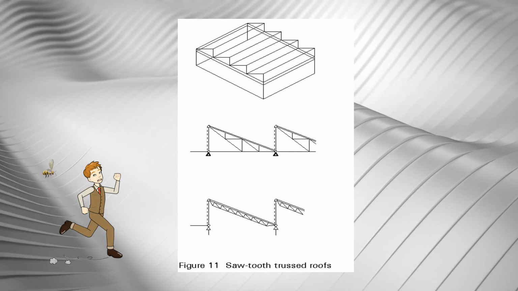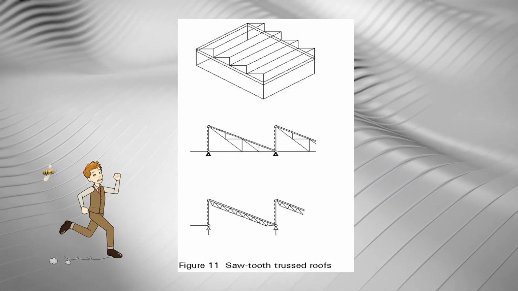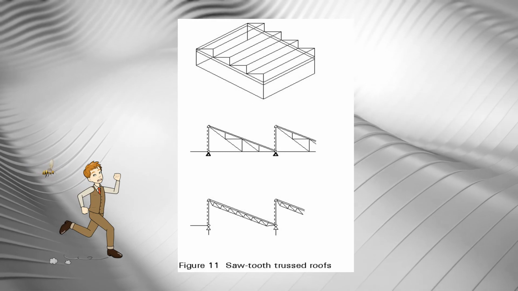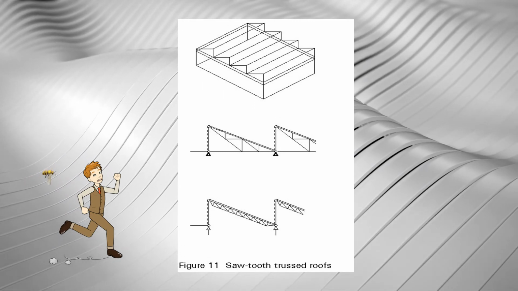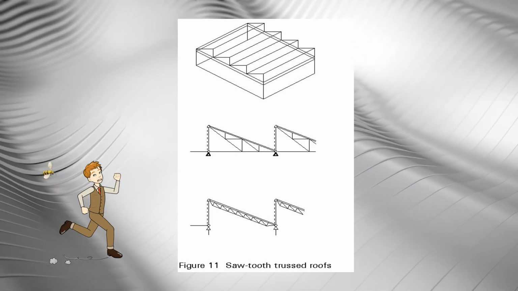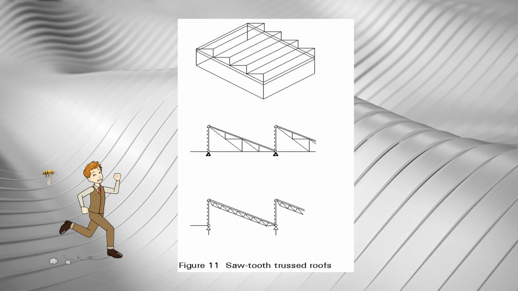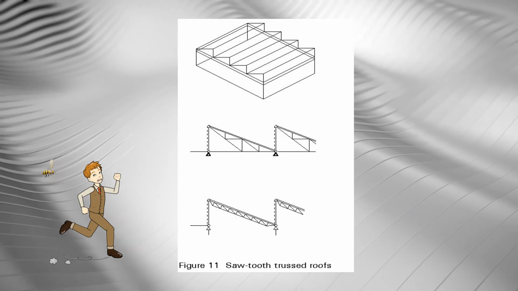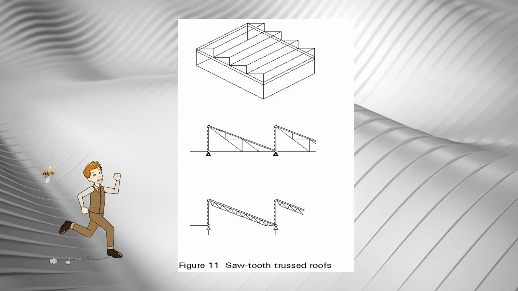The final decisions on the types of member to be used may be influenced by aesthetic factors and not the cost. Early industrial buildings were built with sawtooth truss layout as illustrated in Figure 11. The vertical or nearly vertical elements were glazed and north-facing to allow the maximum daylight with minimum direct sunlight.